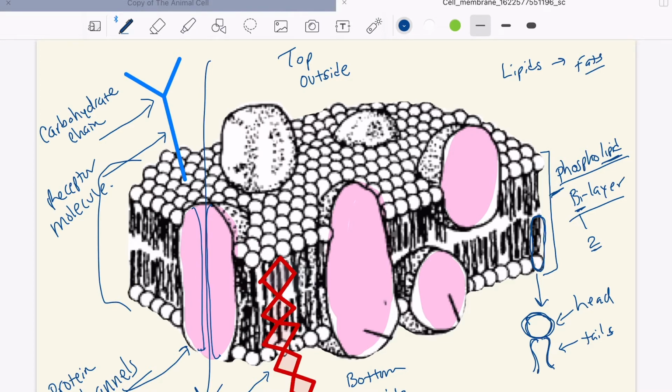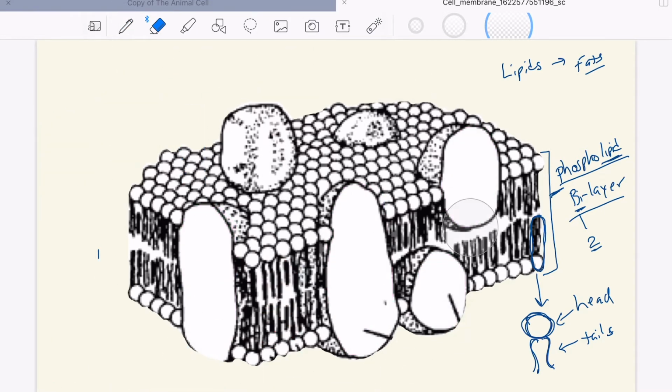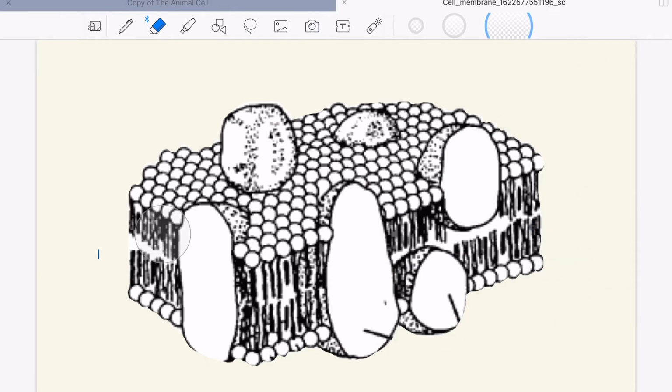Now let me erase and go through it one more time, labeling this fluid mosaic model, which is the cell membrane. This right here is called the phospholipid bilayer.